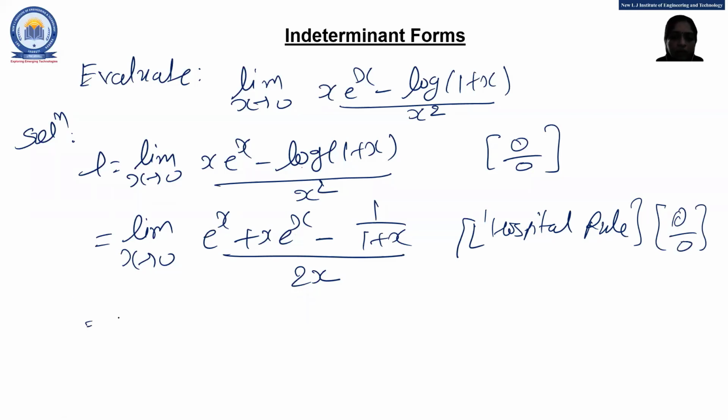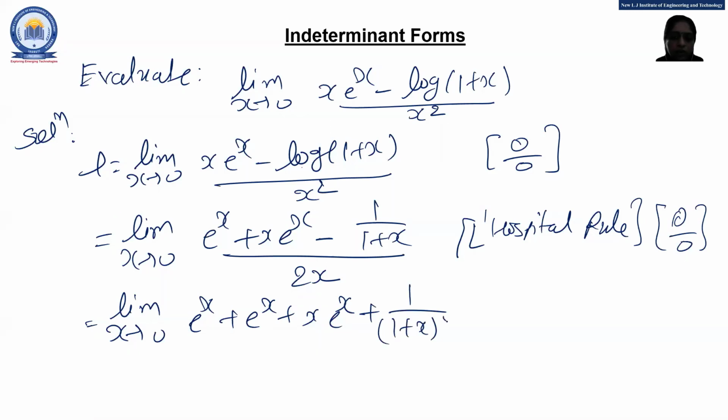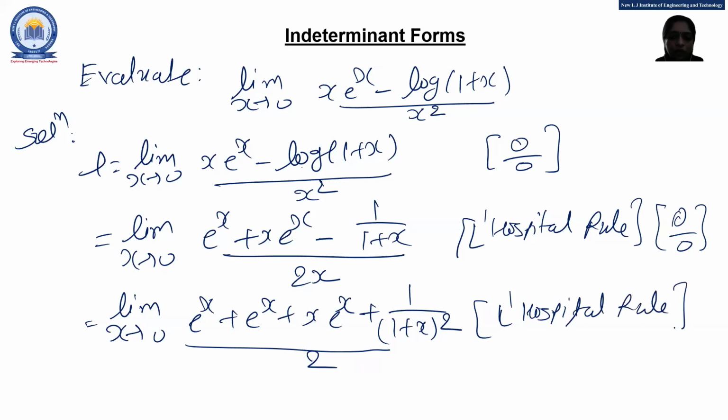So again we apply L'Hospital rule, and that is limit x tends to 0 of e raised to x plus e raised to x plus x e raised to x plus 1 upon (1 plus x) whole square, whole divided by 2. This is again L'Hospital rule, right? If we apply the limit in this term now, our answer is 3 by 2. This term is 0 and the rest of the terms are 1, 1 and 1. So 3 by 2. Got it?